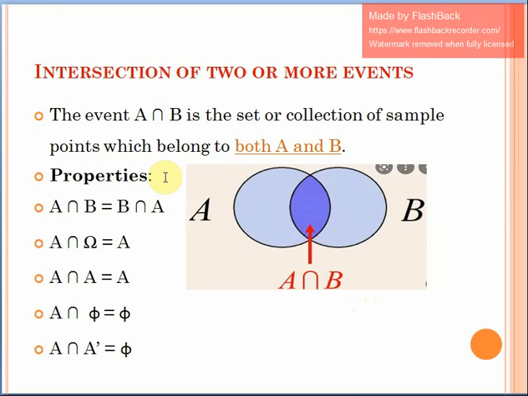The first property is A intersection B equal to B intersection A. The second property is A intersection omega equal to A. The third property is A intersection A equal to A. The next property is A intersection phi equal to phi. The next is A intersection A complement, which is a null set. A null set is the set having no members.